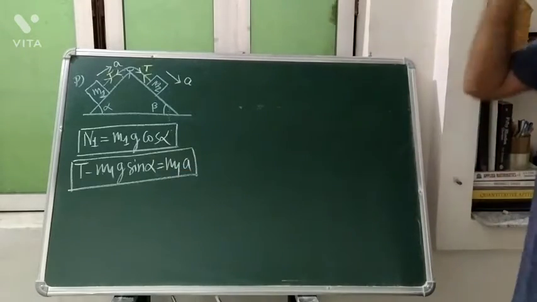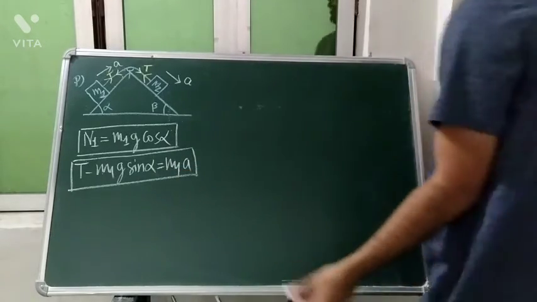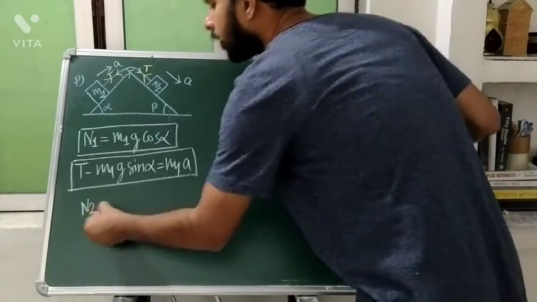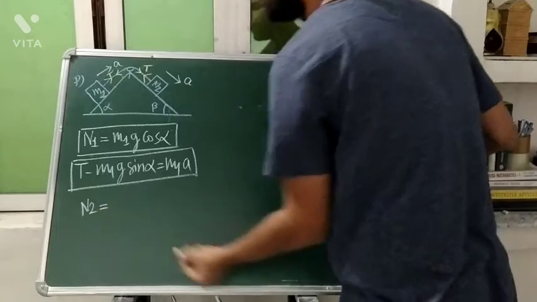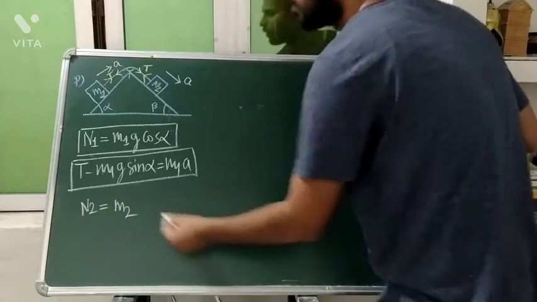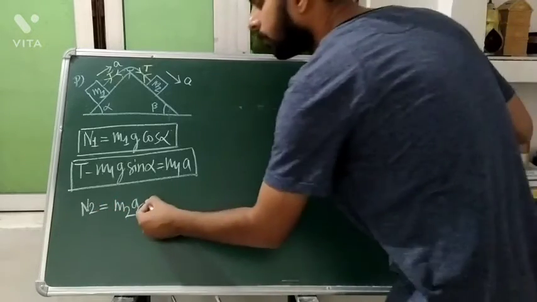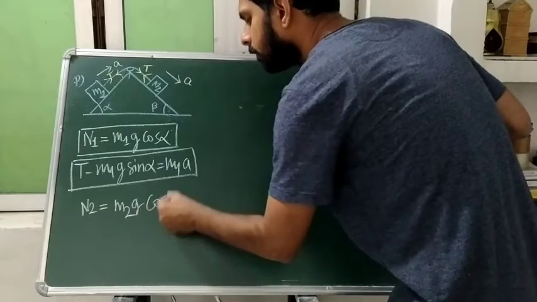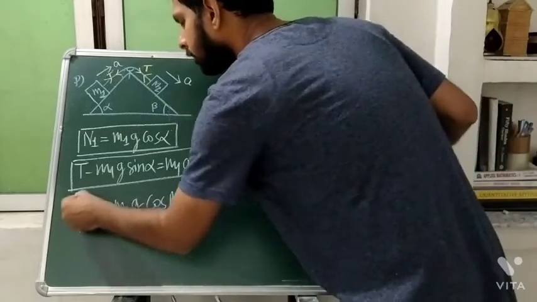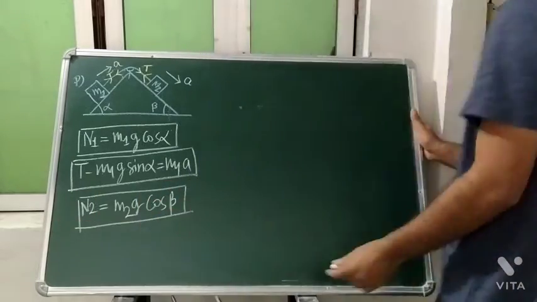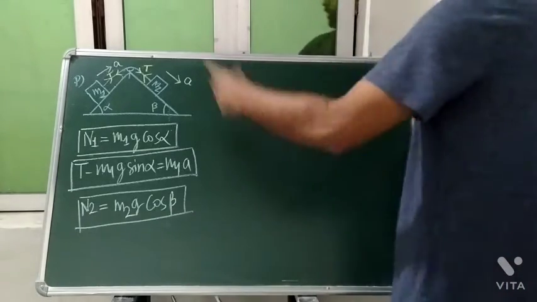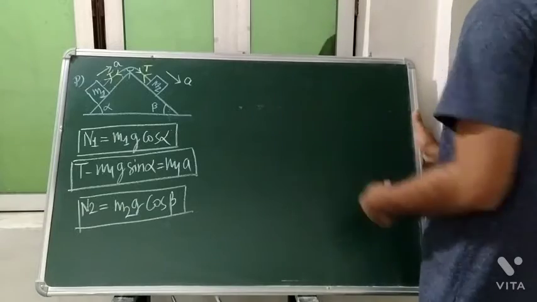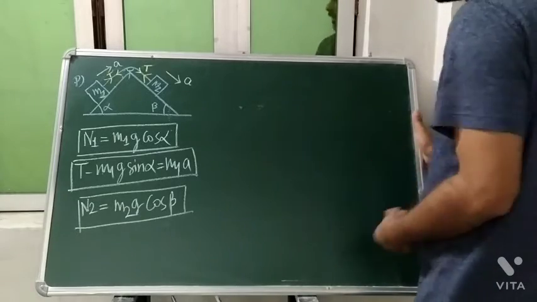And in the same way, if we are talking about the mass M2, what will come out, student? The weight in that direction for M2 will be M2G cos beta. And in the x direction, of course T is upward, and M2G sin beta is in the downward direction.